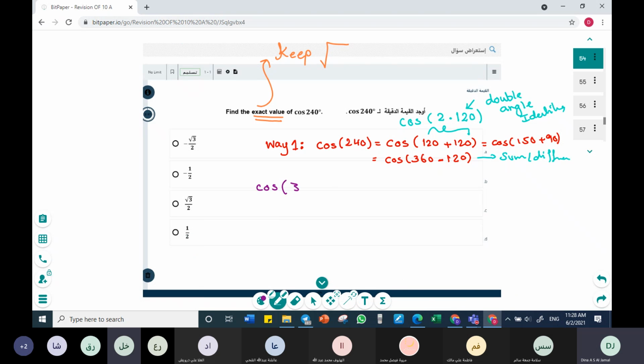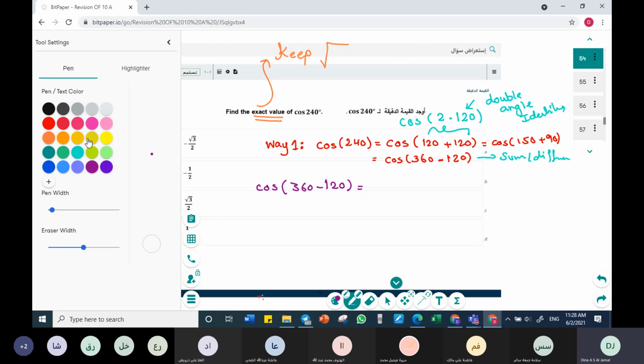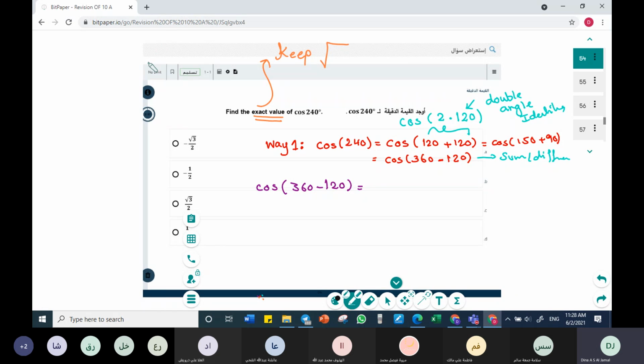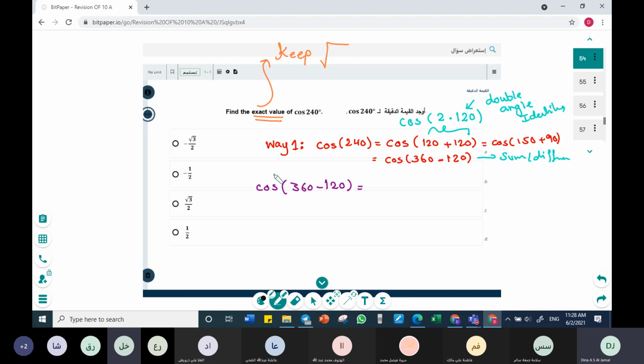Cosine of 360 minus 120. Now, ladies, pay attention to the cosine subtraction and addition identities. What will happen to the sign whenever I have cosine sum and difference identities? Is it going to change or stay the same? Change.